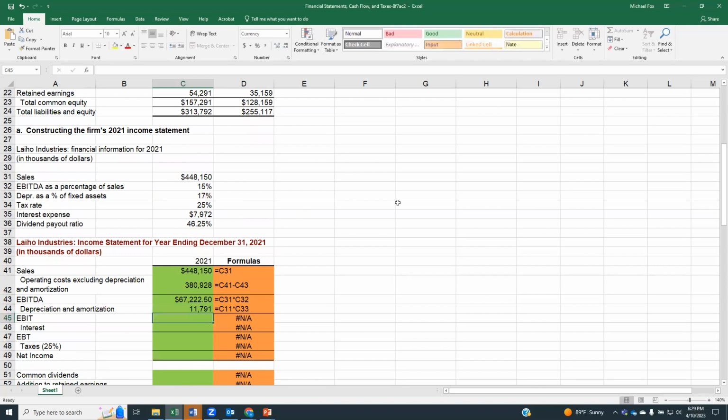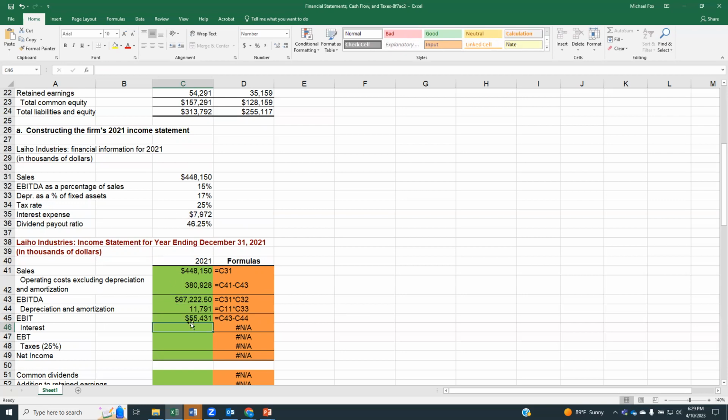And that gives me my depreciation and amortization. So my earnings before interest, taxes, depreciation, and amortization minus the depreciation and amortization is going to give me my earnings before interest and taxes, or EBIT. So I'm just going to say this cell equals the EBITDA minus the depreciation and amortization.